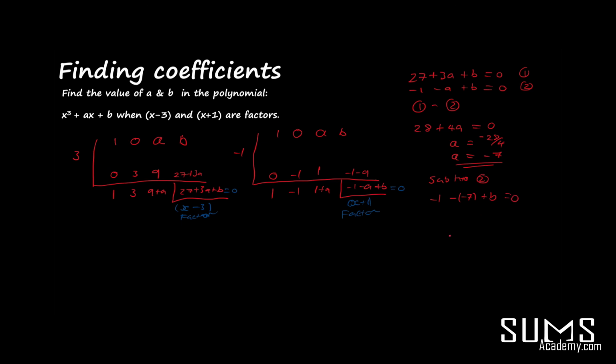So this is going to be 7 minus 1, which is 6. 6 plus b equals 0, so b equals negative 6. So here our final answer is a is equal to negative 7 and b is equal to negative 6. And that's your final answer. Okay, so that's what to do when you have more than one unknown.